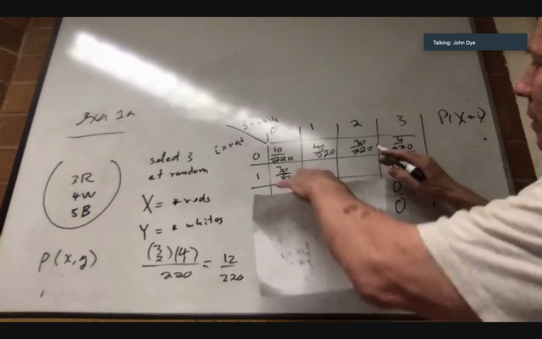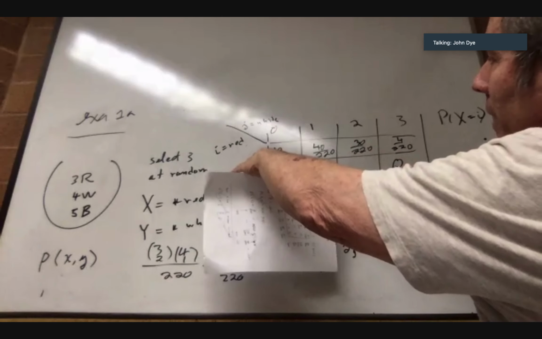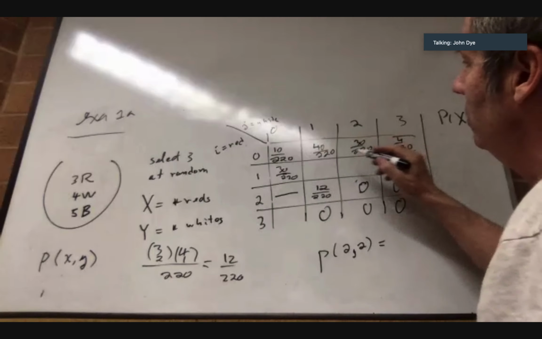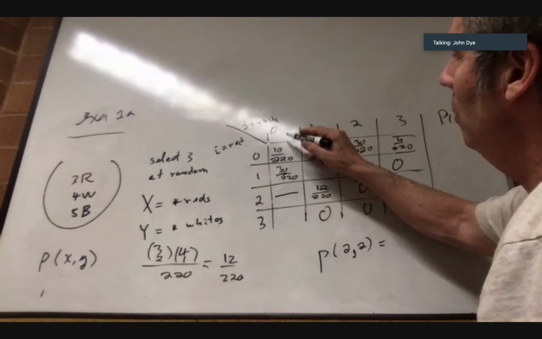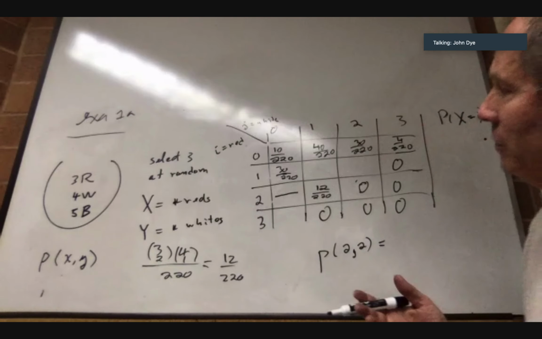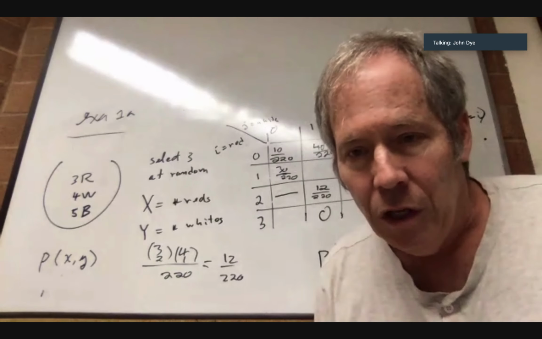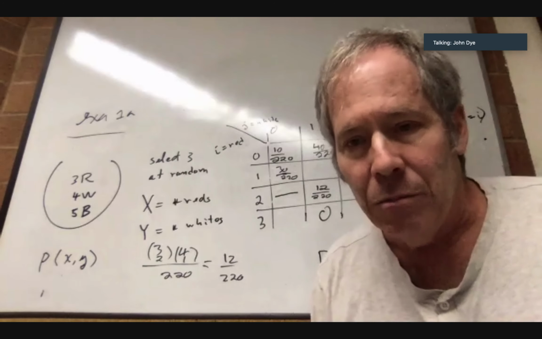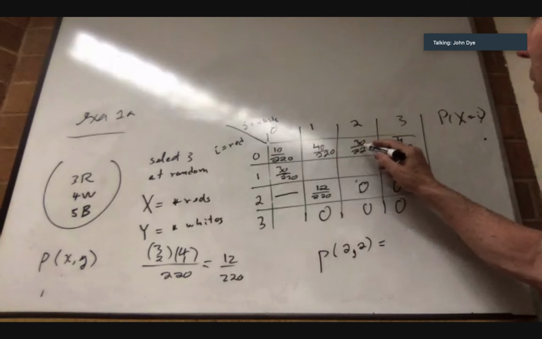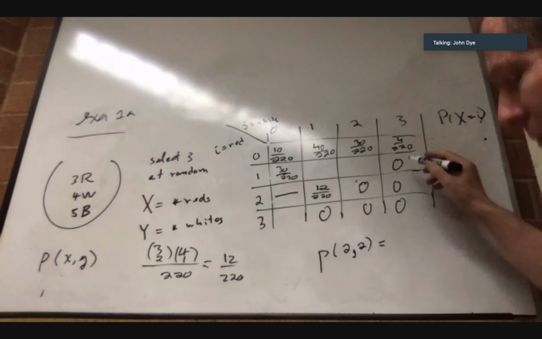If you've broken up the case of no reds into disjoint sets, no reds and no whites, no reds and 1 white, and so forth, then the probability of getting no reds, period, is the sum of these probabilities. It's called the marginal distribution. So what would that be in this case? 50, 80, this looks like 84.